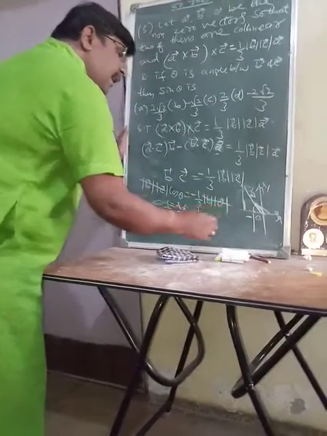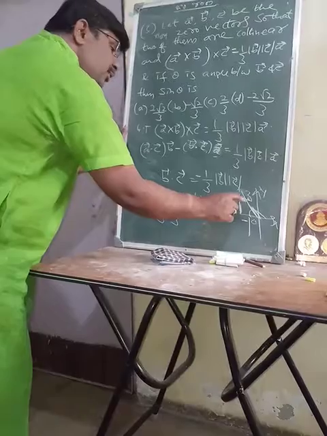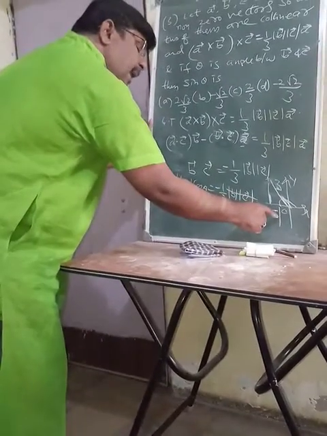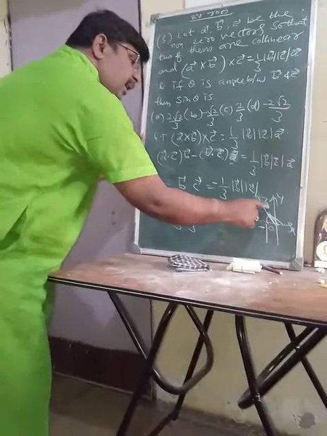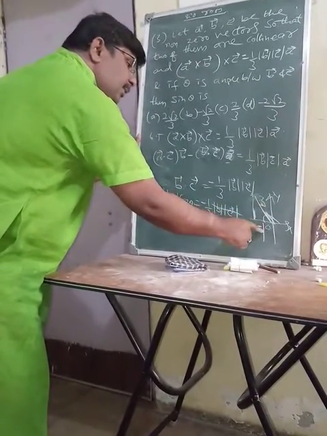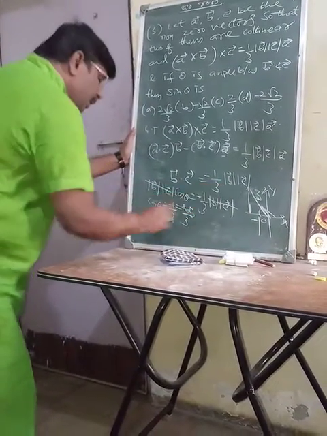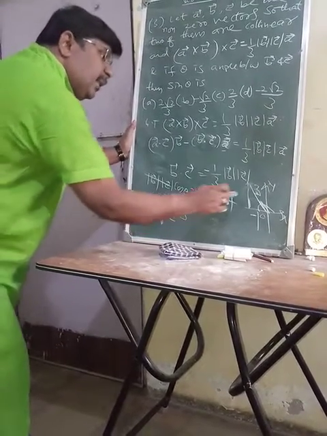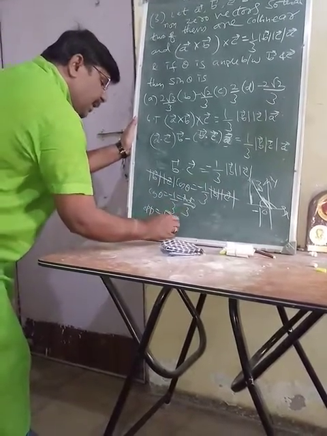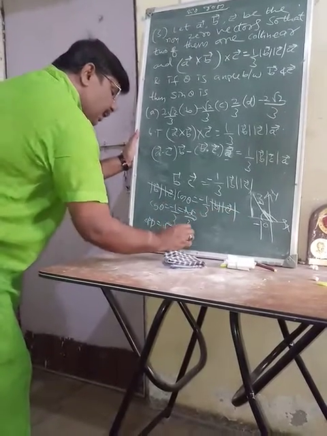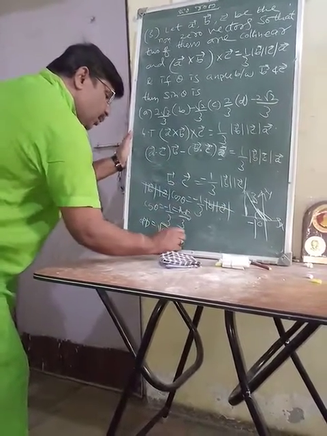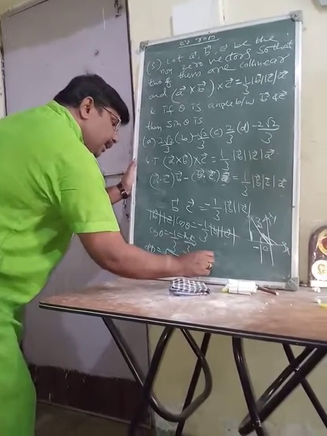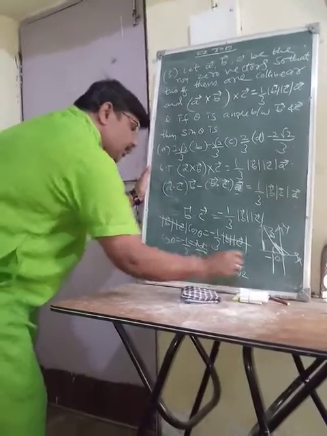By this we can find the opposite side. Opposite side is the square root of hypotenuse square minus adjacent square. Root of 3 square minus of minus 1 square. 3 square is 9, minus square is plus, so root of 9 minus 1, which is root 8. Root 8 is 2 root 2.